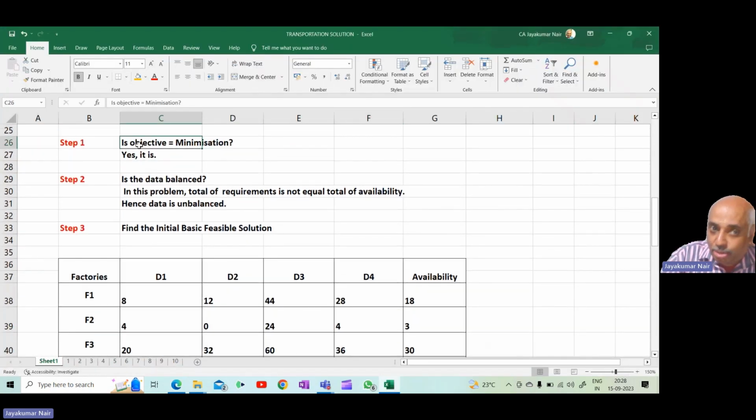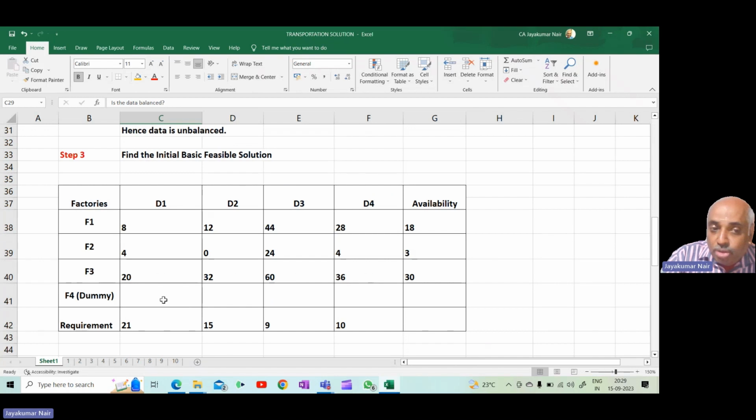So same thing we have to do here for the second one. Again, first step is the objective. Second step, is the data balanced or not? In this case, it is unbalanced data. Therefore, we have to introduce a dummy row, because this total is 55, whereas this total is only 51. To make them equal to 55, you write here 4.